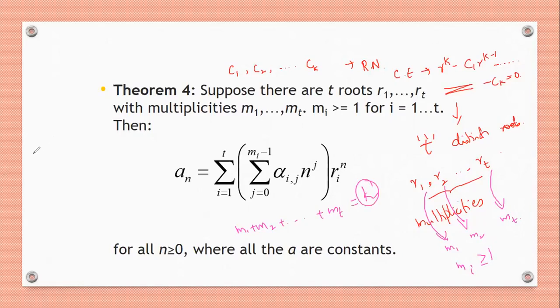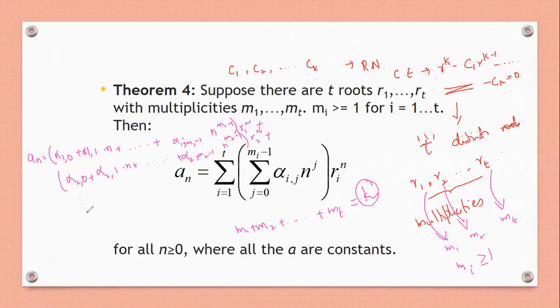The general solution will be written as an is equal to alpha 1 comma 0 plus alpha 1 comma 1 into n plus and so on alpha 1 comma m1 minus 1 into n power m1 minus 1 into r1 power n, plus again alpha 2 comma 0, so this 1 will be replaced by 2, 2 comma 1 into n plus and so on alpha 2 comma m2 minus 1 n power m2 minus 1 r2 power n. I'll explain, this will be clear if you look at an example.